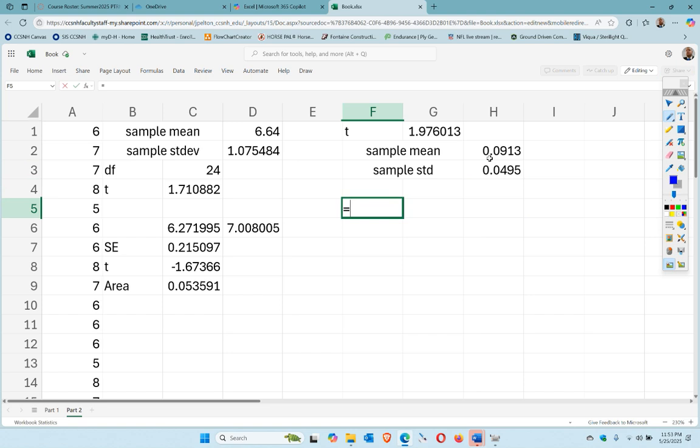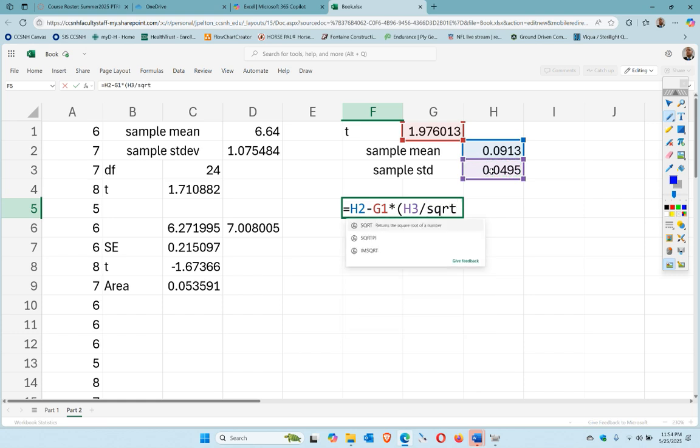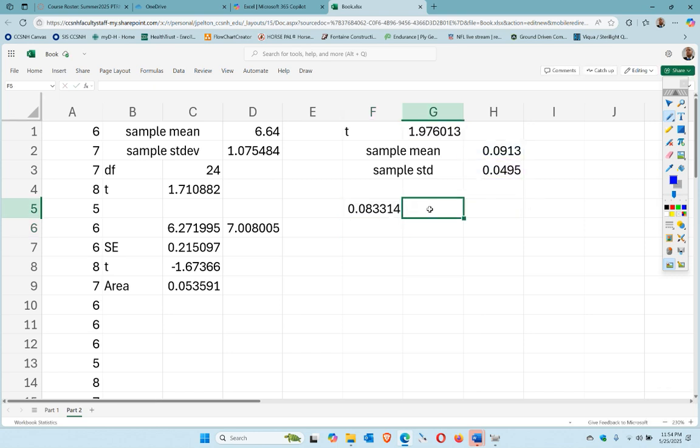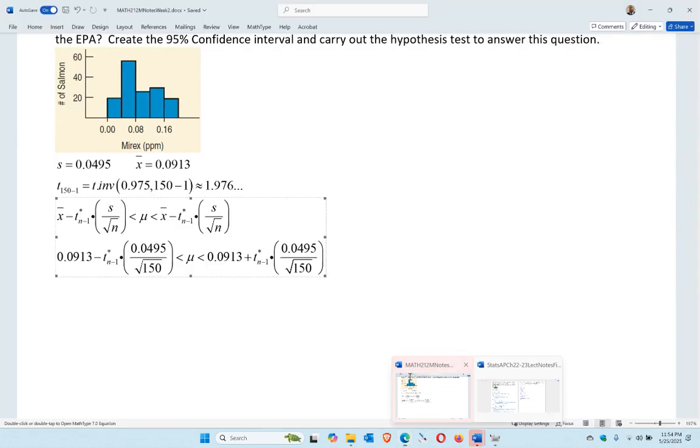Okay, so equals the mean minus the t value times the standard deviation divided by the square root of, it was what, 150 here, right? 150, close, close. I think I got it. Then I'm going to copy it and paste it and change that to a plus. So here's my confidence interval, so 0.0833, 0.0993. Okay, so let's go back to here.